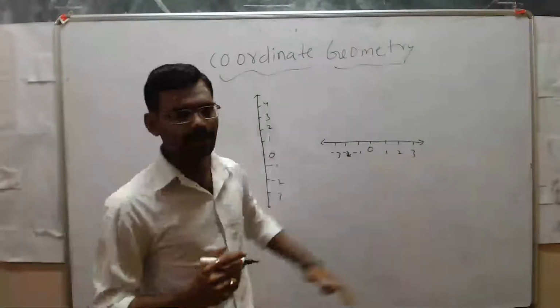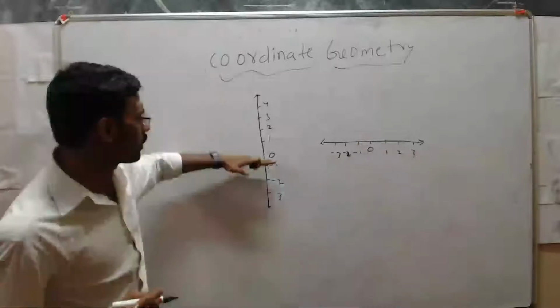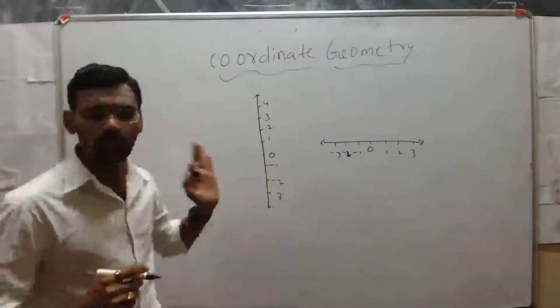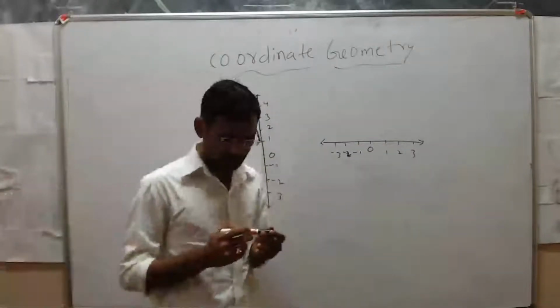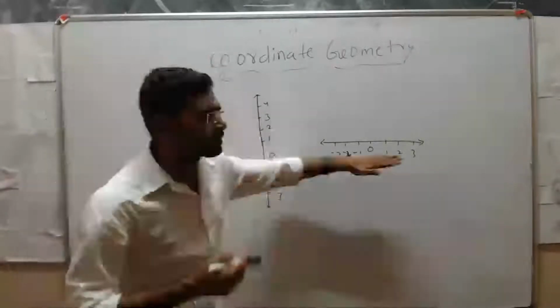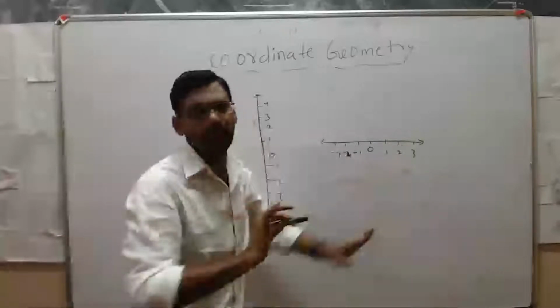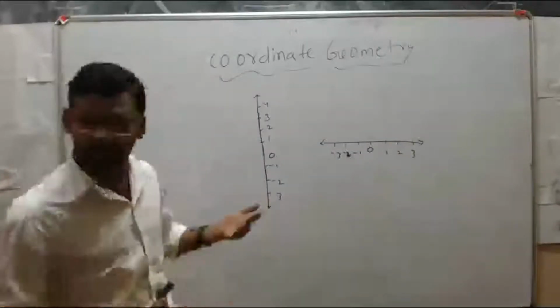This is also a straight line, and this is also a straight line, with marks 0, 1, 2, 3, and 0, minus 1, minus 2, minus 3. For each straight line, to locate one point is very easy. Sir, how can we locate? It is very easy.